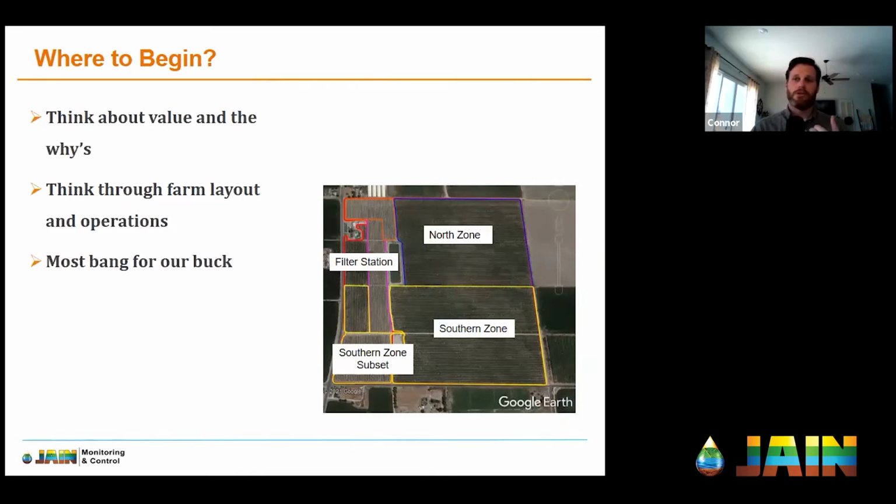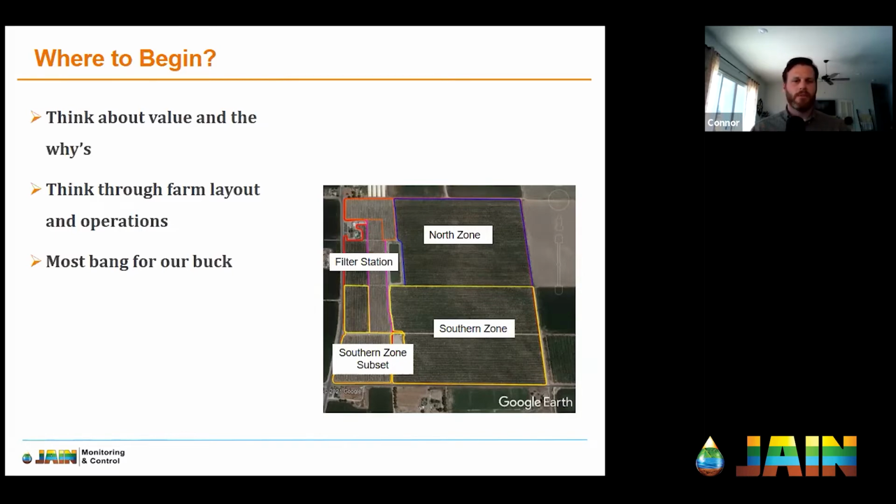Was it we wanted to cut back on over irrigating? Were we wanting to collect data on our flow meters at remote sites? Were we trying to cut back on overtime hours by having the pump automated? What are some of those base reasons why we were trying to do this?